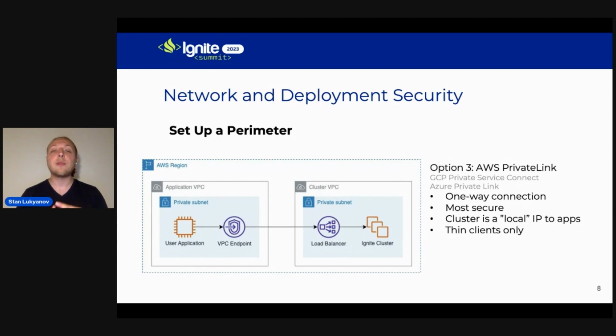This is because thick clients of Apache Ignite cannot work over a load balancer. So with this connection, you will only be able to use thin clients, and you also won't be able to use partition awareness of thin clients. So this is a bit limiting, but also a bit more secure than previous options.